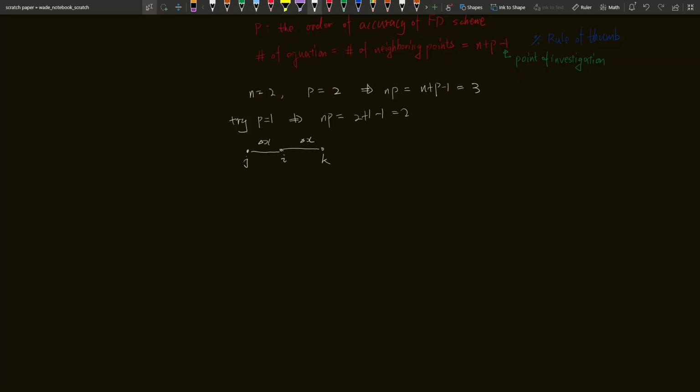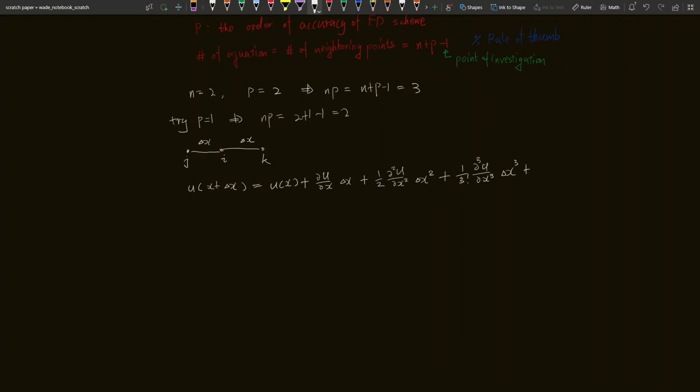So for the solution u at point K, we have u(x plus delta x), which based on the Taylor series expansion equals u(x) plus the first order derivative of u times delta x plus half the second order derivative times delta x squared plus 1 over 3 factorial times the third order derivative of u times delta x cubed, plus the error term to the power of 4.